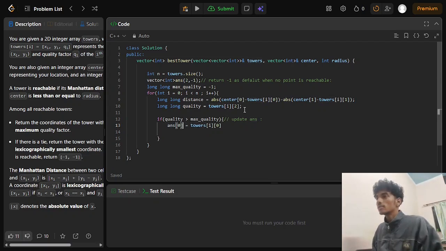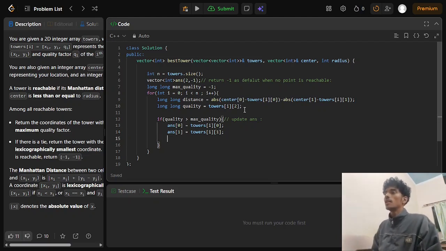Then our x coordinate will be set to towers of I comma 0, and at last we will update our max quality to quality.